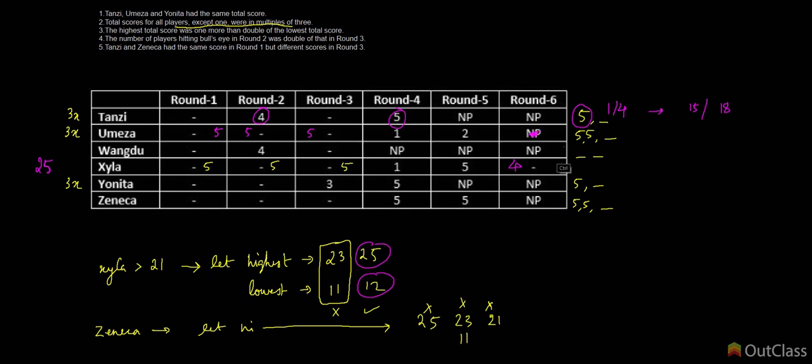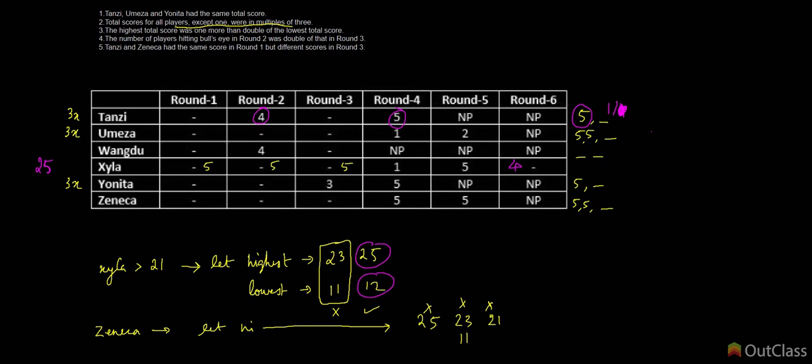That's a contradiction, and that came from the assumption that Tanzi's sum was 18, which came from the assumption that Tanzi's final score was 4, which is wrong. This 4 is wrong, so we'll reject it and we'll stick with the 1.